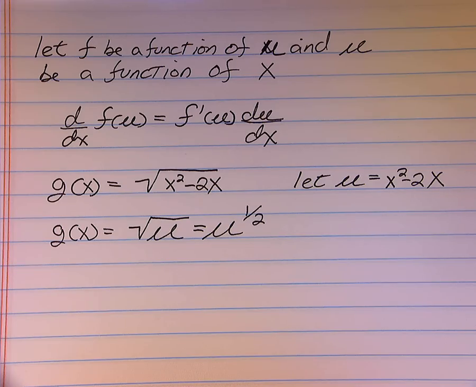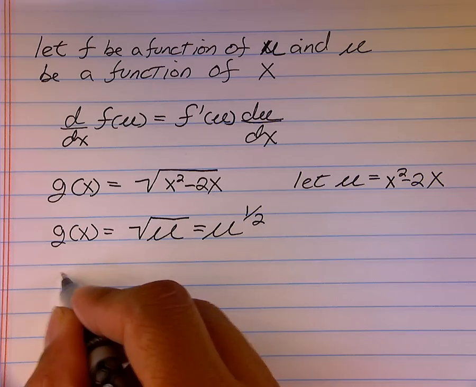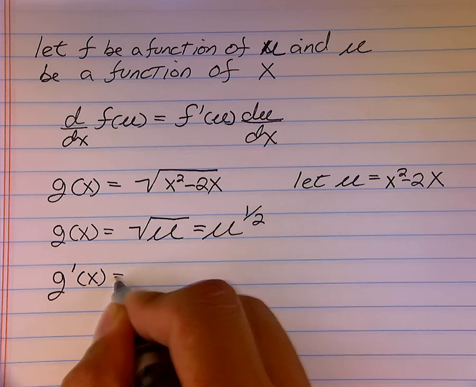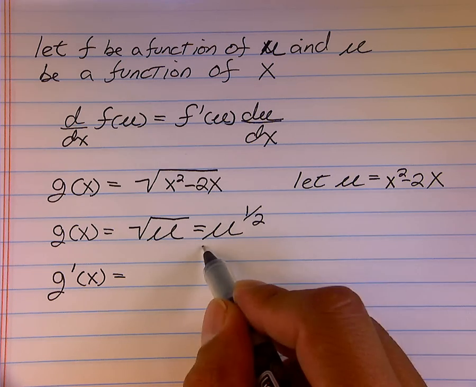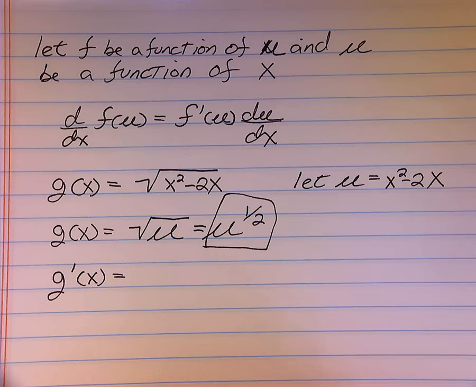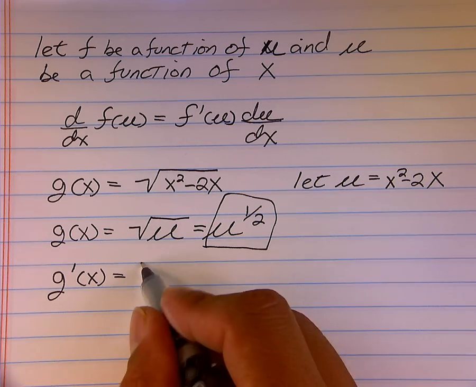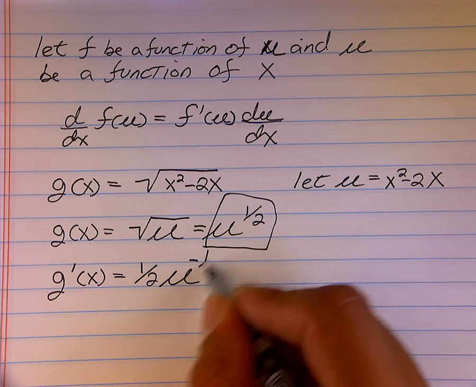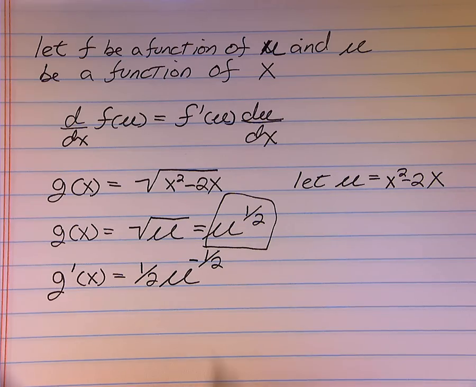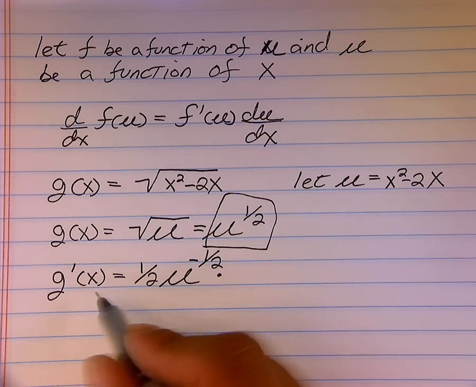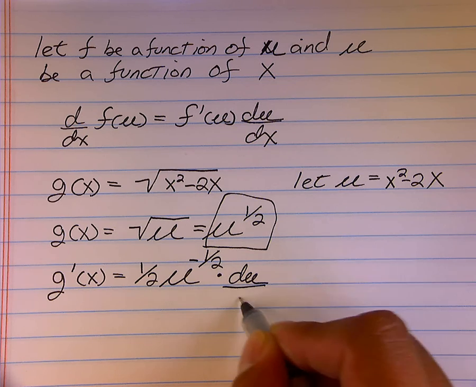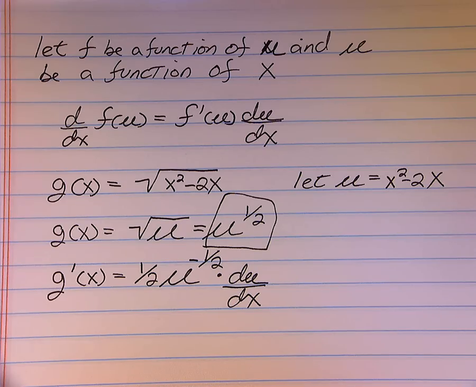I can take the derivative of this using my chain rule property. g prime of x equals, this is the function of u, its derivative is 1/2 u to the negative 1/2. But the derivative of g also includes du dx.